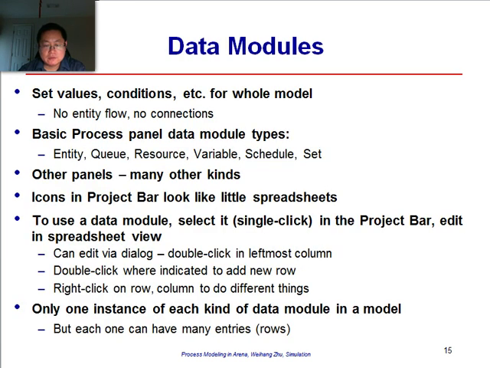Data modules keep values and conditions, etc. for the whole model. You may find them familiar as they have been discussed in Chapter 2. You can edit the values in the data modules just like editing spreadsheets similar to Microsoft Excel.